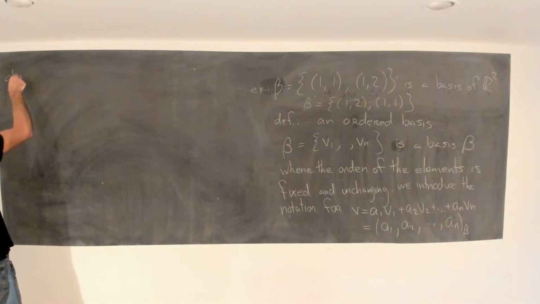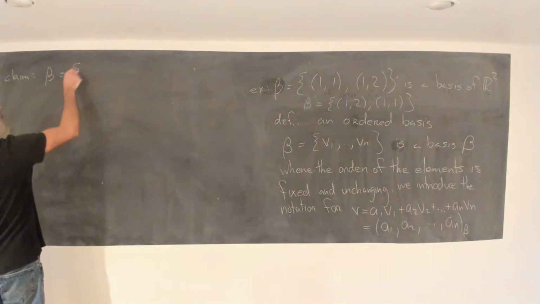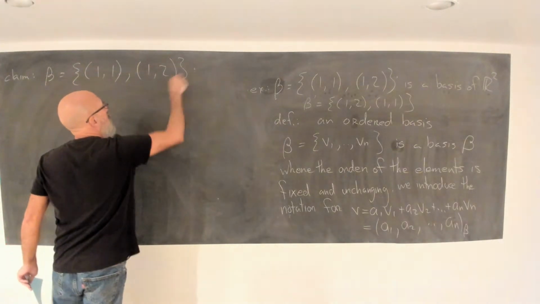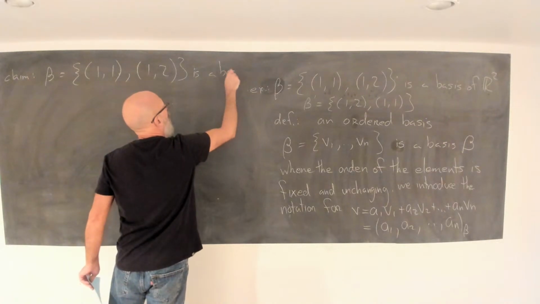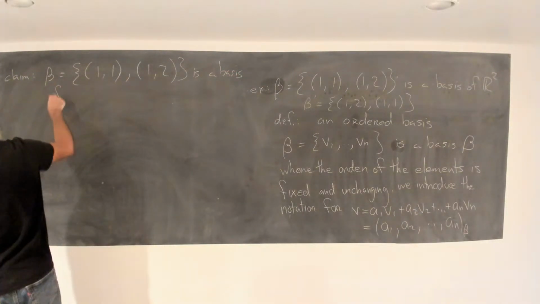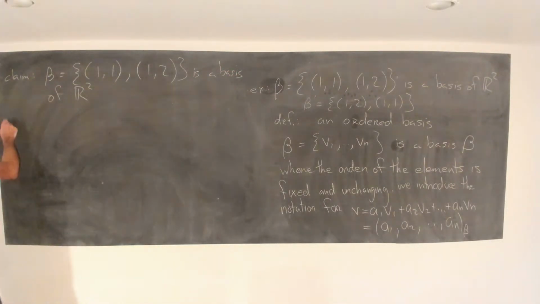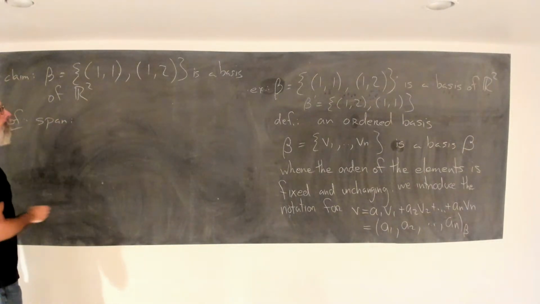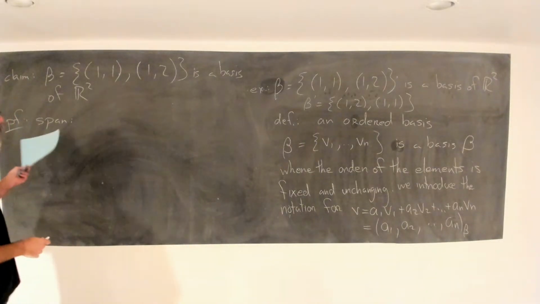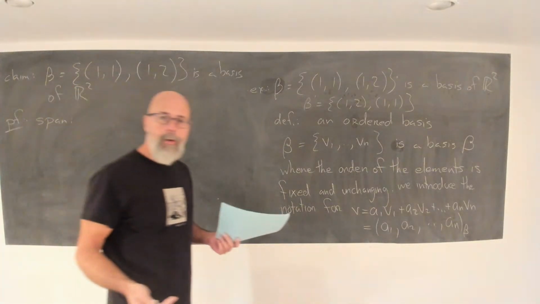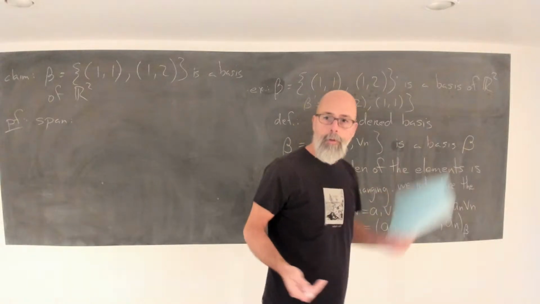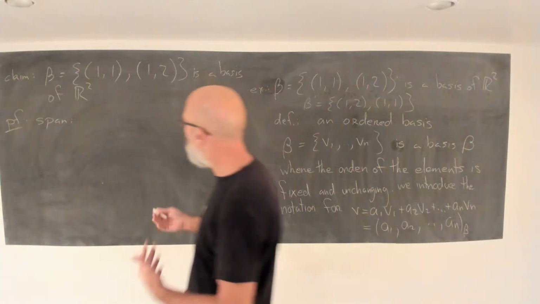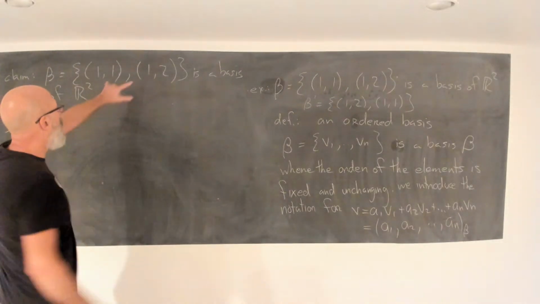So the claim was that B was a basis of R2. Let's prove span, and I'll let you prove linear independence. To prove span, you take a vector in R2. And the question is, can you write it as a linear combination of these elements?